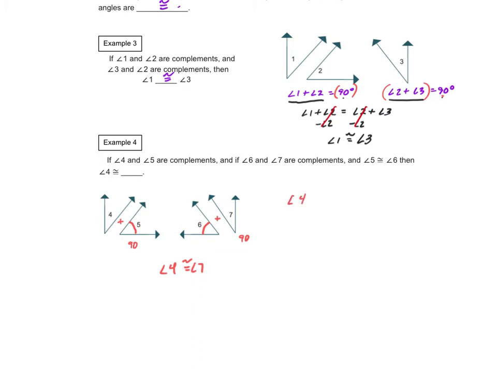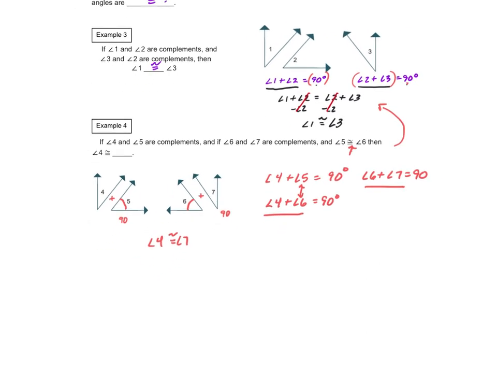We can say angle 4 plus angle 5 equals 90, and angle 6 plus angle 7 equals 90. Then angle 6 equals angle 5, so I could substitute that out and say that angle 4 plus angle 6 equals 90, since these two are interchangeable because they are congruent. And then I have this and this, which is the same thing we just did. But anyway, understanding.